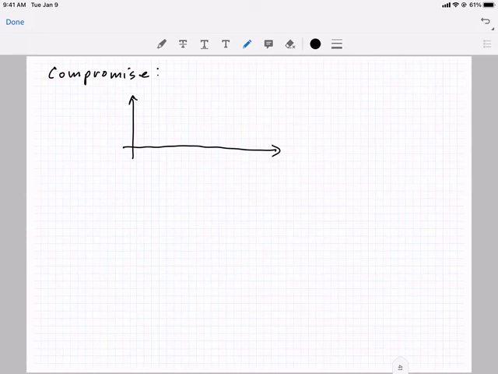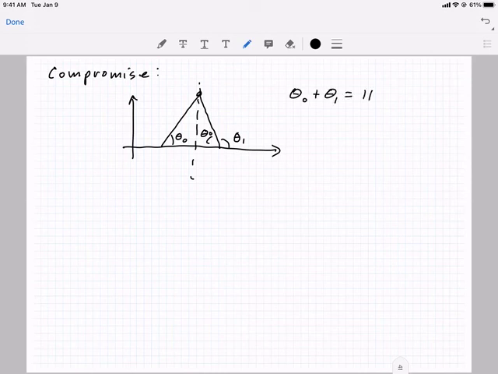I actually want to have an emission and a reception, and at the time of the reception, the object has moved to this position here. So while this is theta 1, I want this actually to be theta 0, and this is theta 0. And so I get a purely symmetric case. And so I have that theta 0 plus theta 1 is equal to pi.